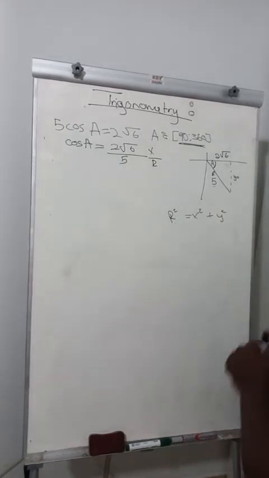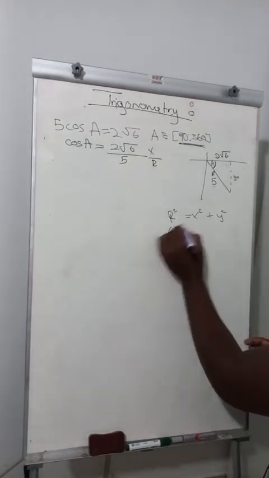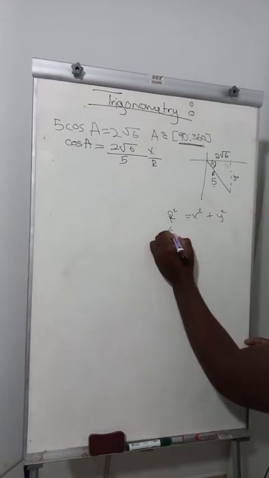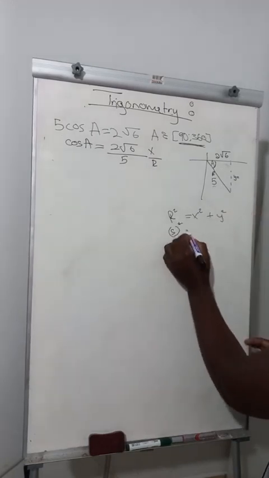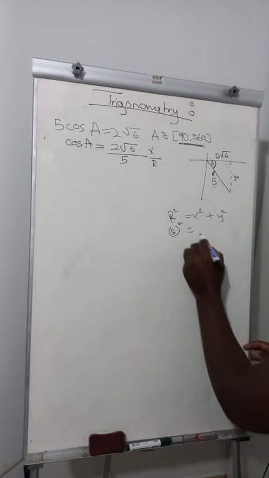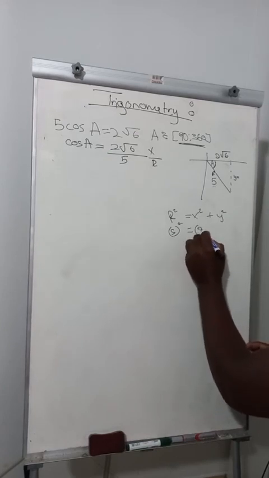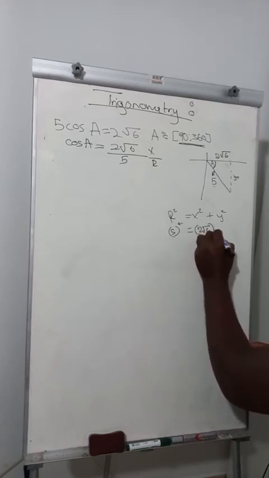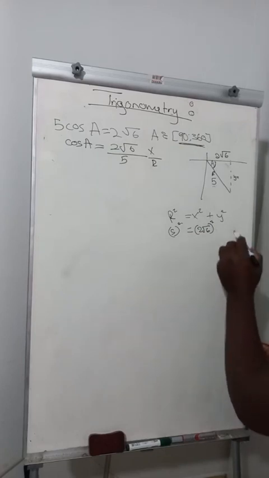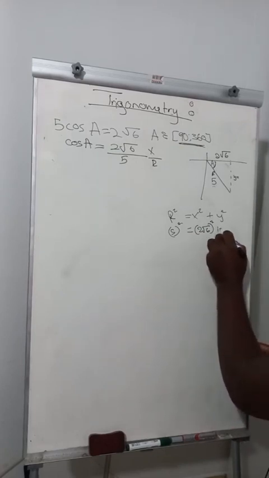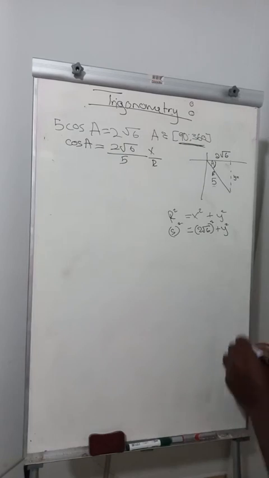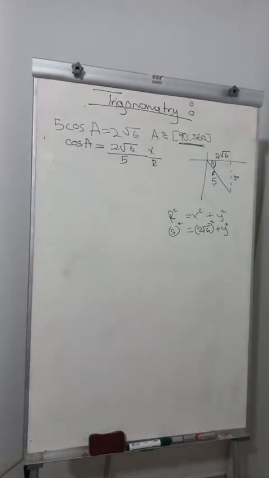R is just the resultant, which is your hypotenuse. Squared is equal to, and the x value there is 2 root 6, squared, plus y squared. Let me just get my calculator.